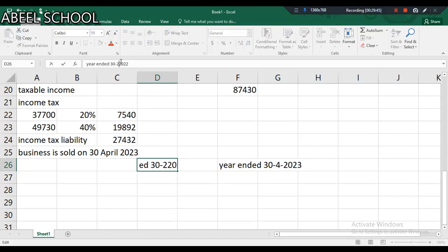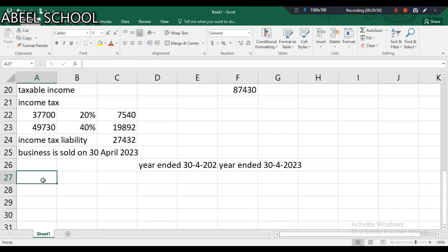Correction. Okay. This time both the accounting ends, they are not falling in the same tax year.